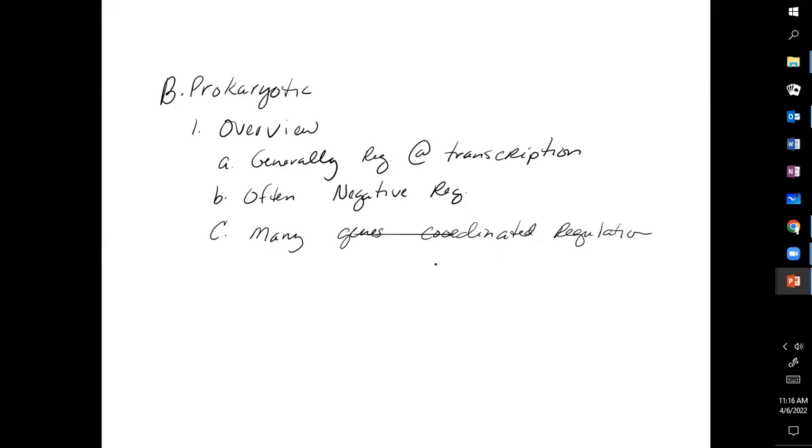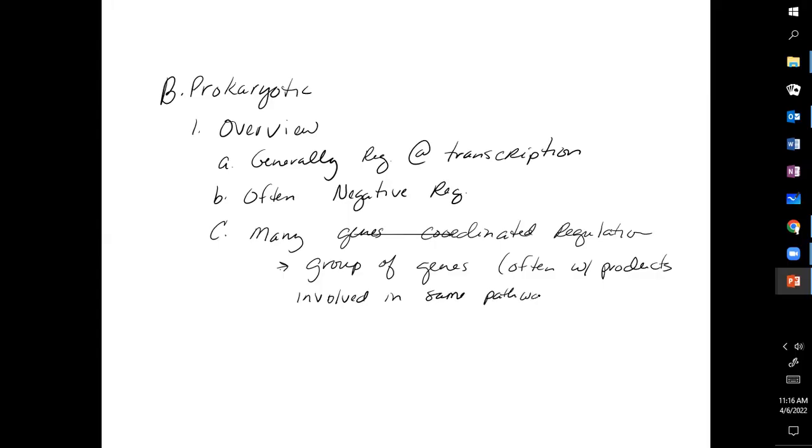In coordinated regulation, there's a group of genes, more than one gene, and often these are genes that code for proteins involved in the same biochemical pathway, that are transcribed and translated together.